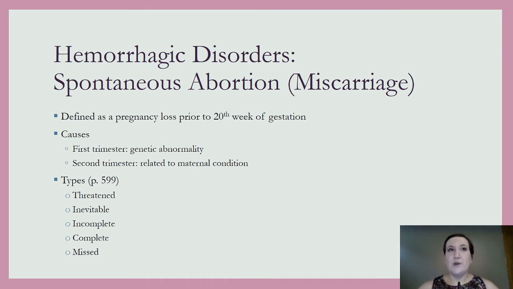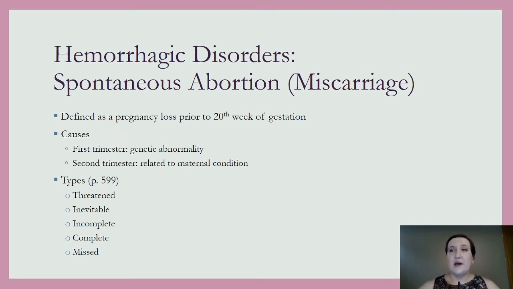So when we talk about those 1 in 5, those 1 in 4 women who have experienced this, the majority of those losses are going to occur during the first 12 weeks of gestation. Occasionally it happens right around that 5th or 6th week of gestation, perhaps even before the woman fully realizes that she is pregnant.